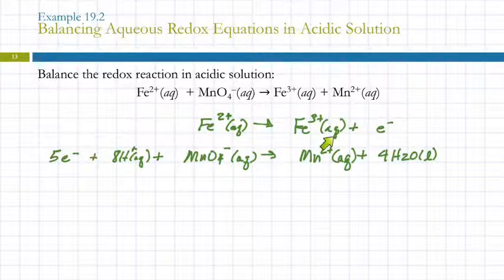That means there must be 5 of these occurring. So I'm going to multiply it by 5. So let's do 5 iron 2 ions, making 5 iron 3 ions and 5 electrons. The 5 electrons that are released by this half reaction are picked up by this half reaction.